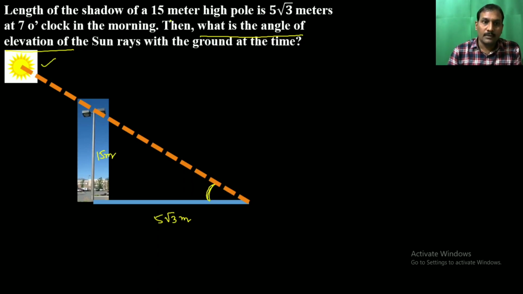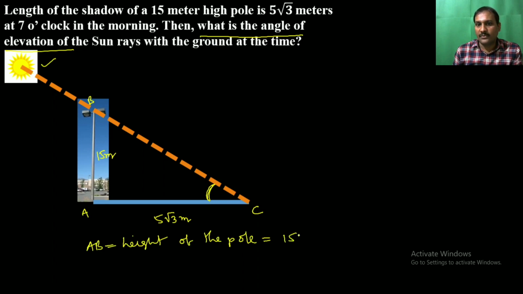Okay, so let us name them. This is A, B, and C. So what is AB? That is the height of the pole. That is 15 meters. AC is the length of the shadow.